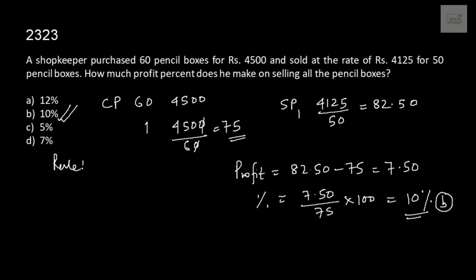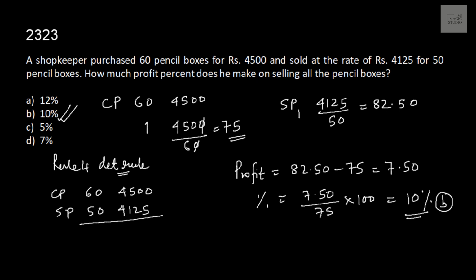We can also use our rule 4, that is the debt rule. But sometimes with big figures, that rule seems to be a bit cumbersome for you. It would be simply CP of 60 units is 4500, SP of 50 units is 4125, and then if I delete this 6 and these two, if I find the ratio quickly, I'll get 12 is to 11, and the profit percentage would be 66 minus 60 by 60, that comes to 6 by 60, that is 10%.